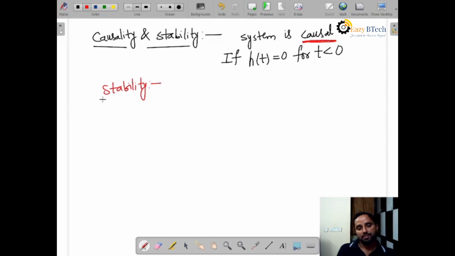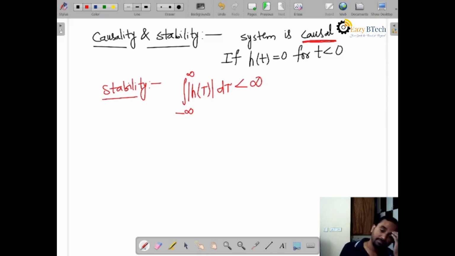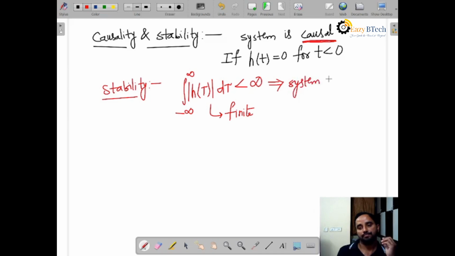If the impulse response of the system is absolutely integrable, that means the integral from minus infinity to plus infinity of mod h of tau d tau is less than infinity, meaning finite, then the system is a stable system.